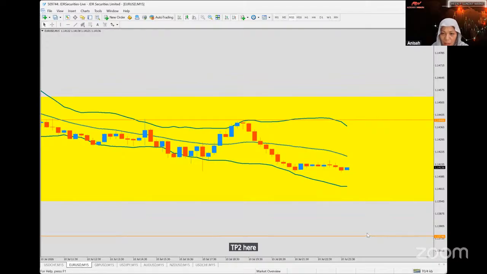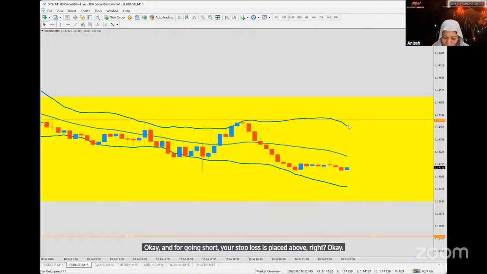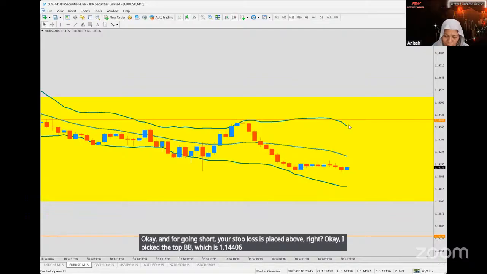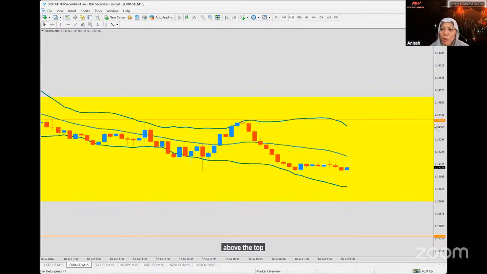And for going short, your stop loss is placed above. I picked the top BB, which is 1.14406. You don't want to set it exactly at the top of BB, so I place it above the top BB.